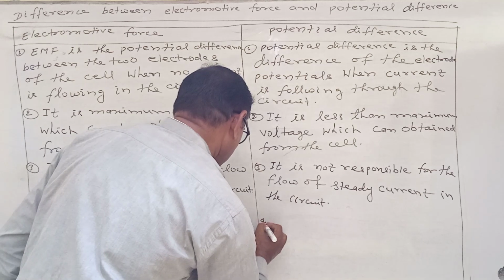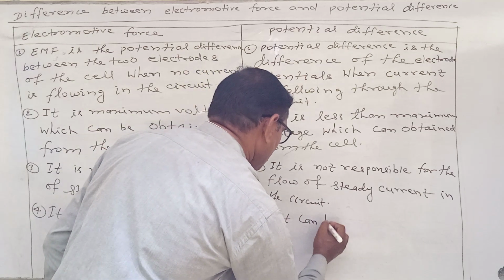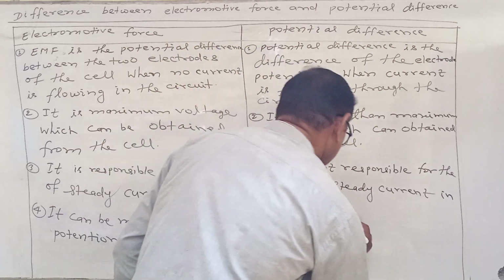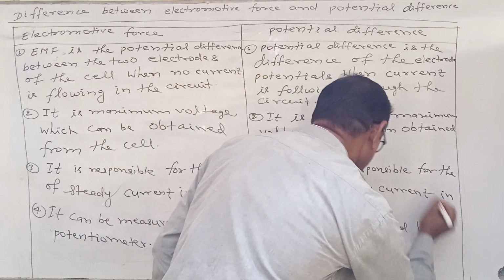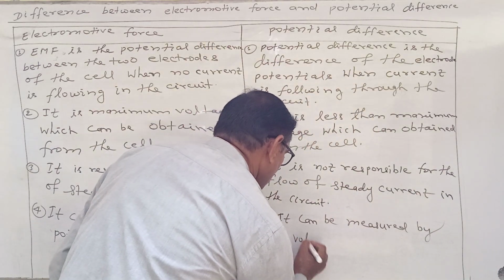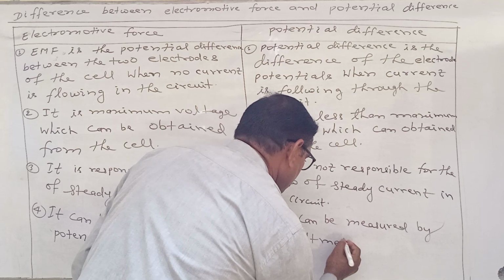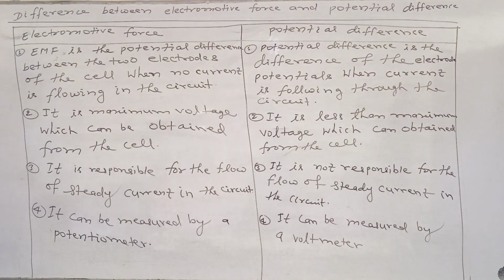Here we write point 4: it can be measured by a voltmeter. We write, it can be measured by a voltmeter.